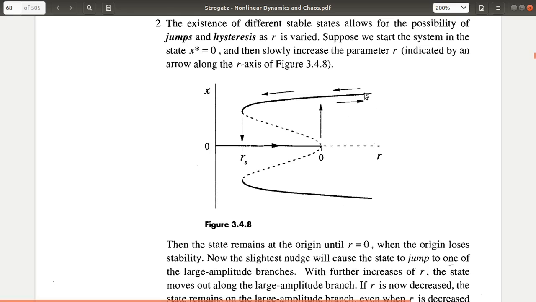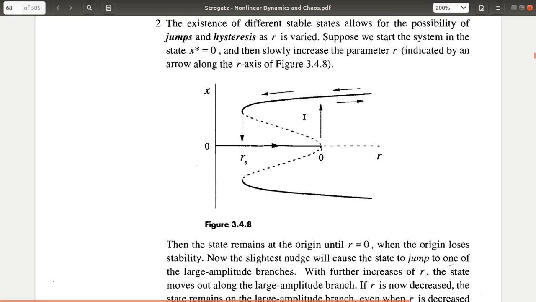But if you reduce the R value below 0, what will happen is, say you are here and you are reducing the R value. At this point, if you further reduce, it will stay only here and it will not jump to this position.